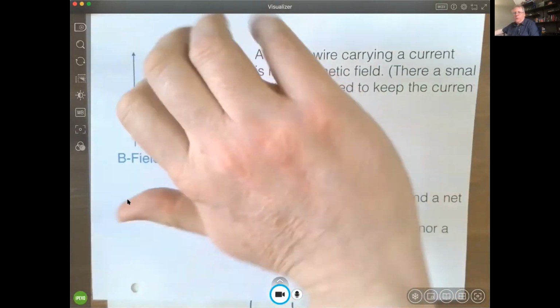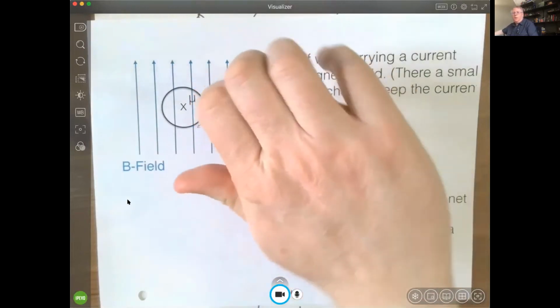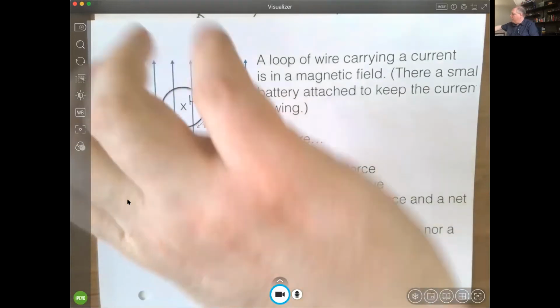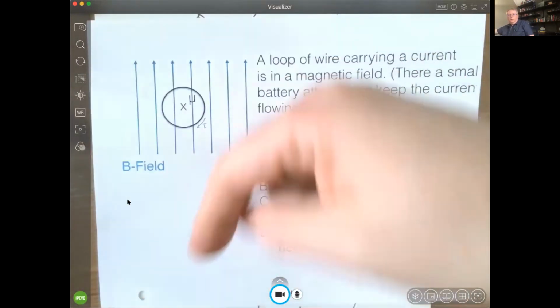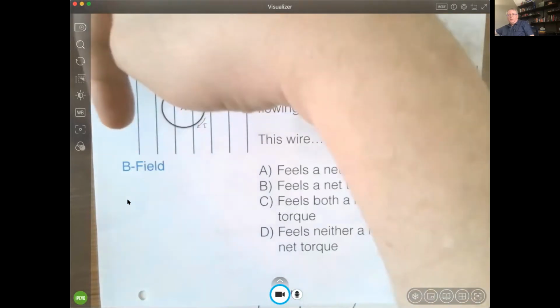That means the current is going around this way. I actually have a little picture here left over from last time I taught this. So there's a current traveling around like this, right? So over here, the current is down, and that's along the same line as the B field, so this side and this side won't do anything.